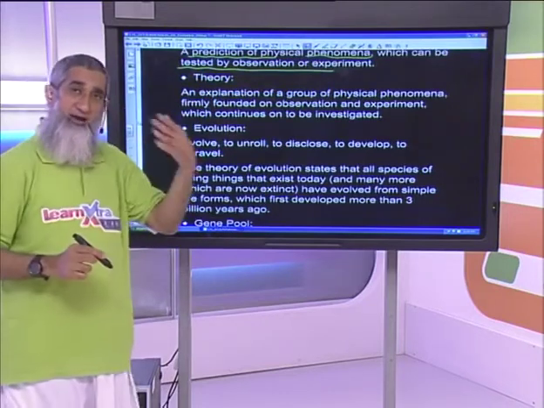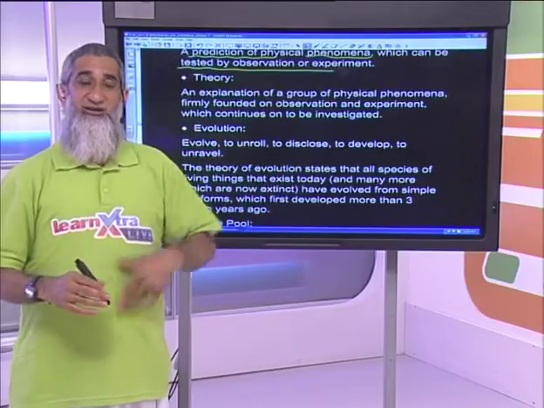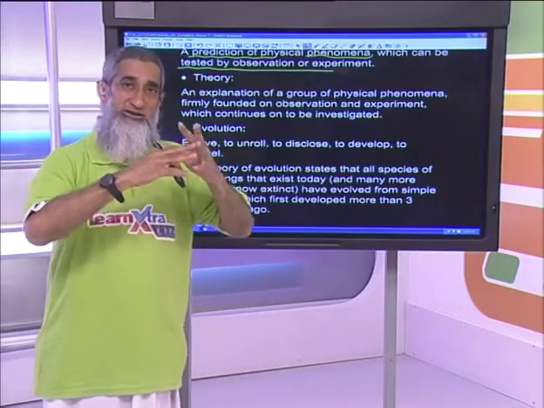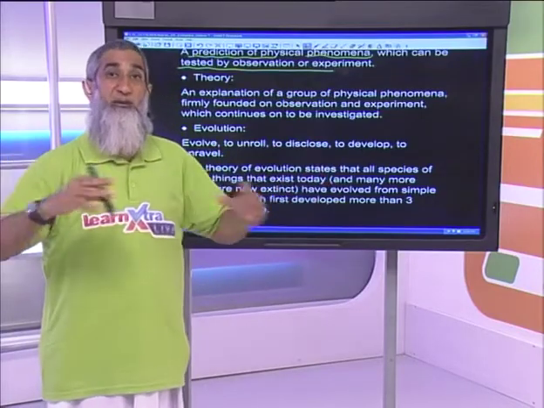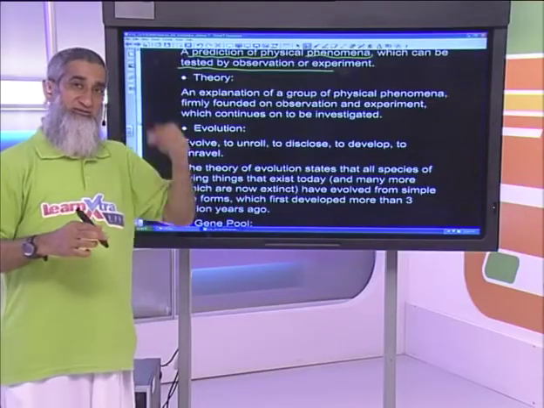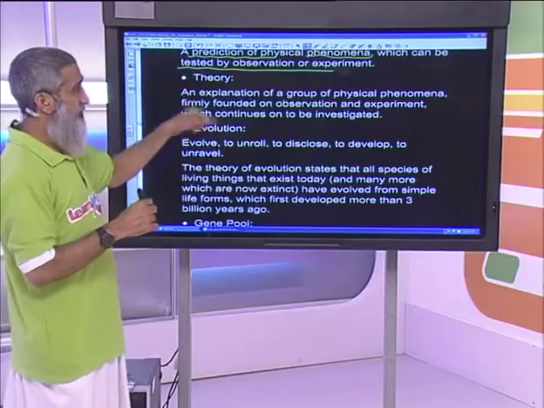Now, after a hypothesis or hypotheses are tested, reviewed by scientists, not only in Johannesburg, not only in Gauteng, not only in South Africa, but globally, then we can accept this hypothesis, and the hypothesis can be converted into a theory. So what is the theory then?